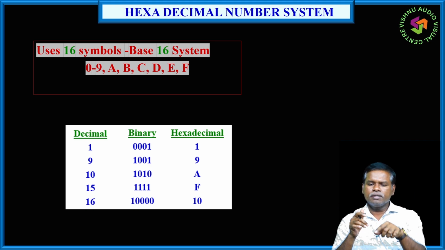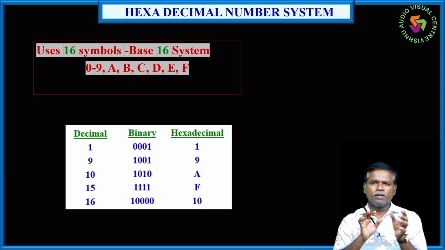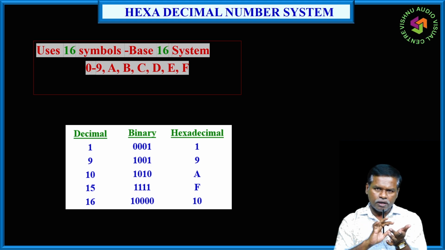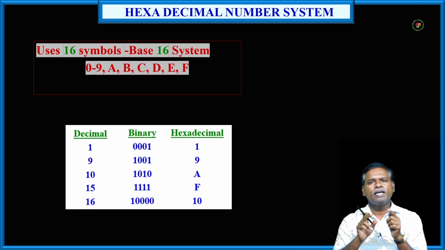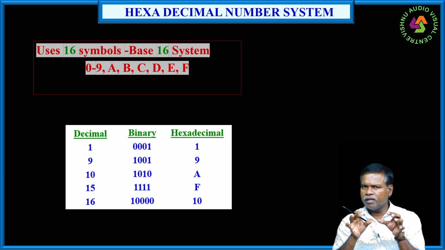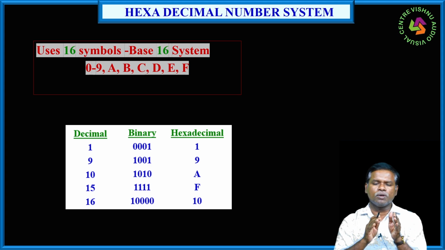If you observe, binary, decimal and octal have only numbers. Binary has 0 and 1, octal has 0 to 7, and the decimal number system has 0 to 9. Whereas in the hexadecimal number system there are 16 symbols in total, and we can't represent 16 symbols with numbers only.